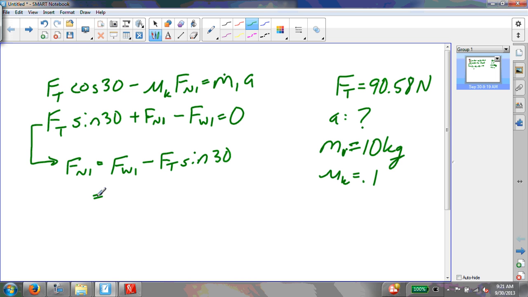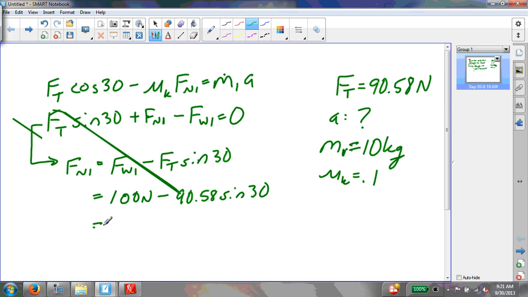And Fw1 is going to be 10 times 10, that's 100 newtons, minus Ft, which is 90.58, times sine of 30. So that gives me 54.71 newtons. So that is my Fn1, and now I can come back up and plug that in.